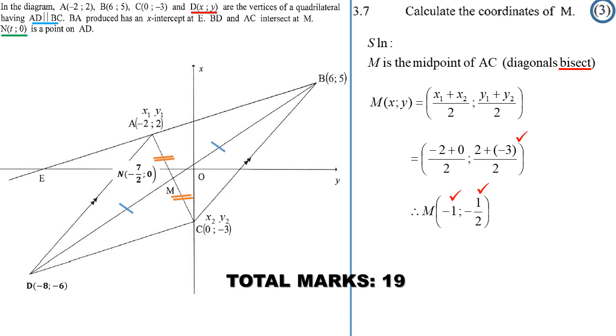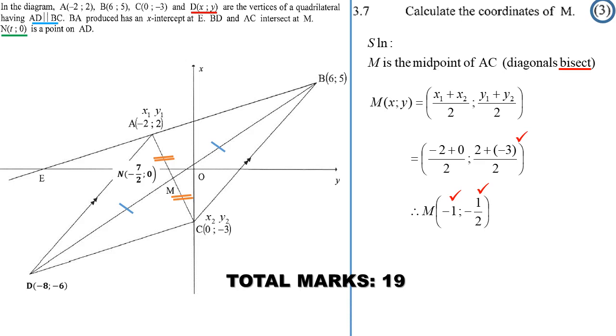So people, remember all these things: midpoint formula, gradient formula, distance formula. At the point of intersection, the equations of the lines that are intersecting are equal. For x-intercept, y is 0. For y-intercept, x is 0. Gradients of parallel lines are equal, and the product of the gradients of perpendicular lines will always be equal to -1. A number multiplied by its reciprocal is always equal to 1.